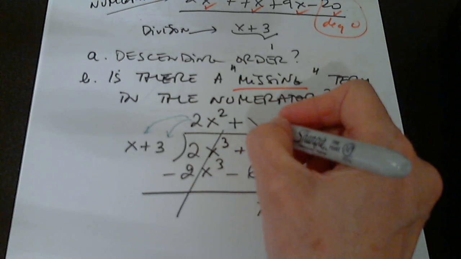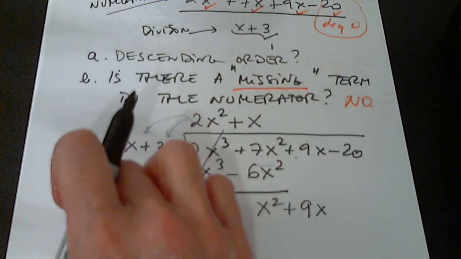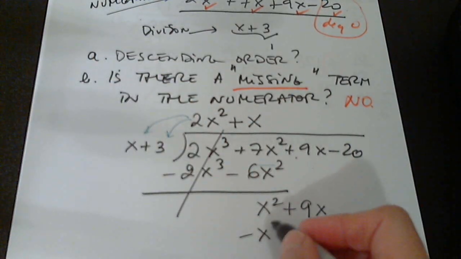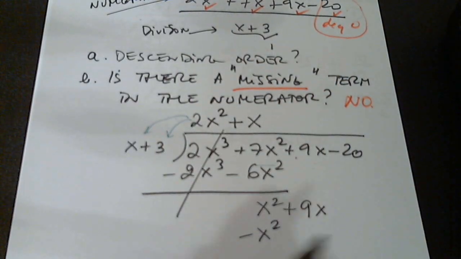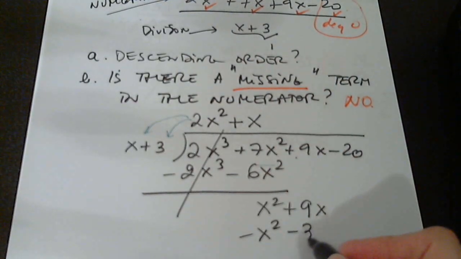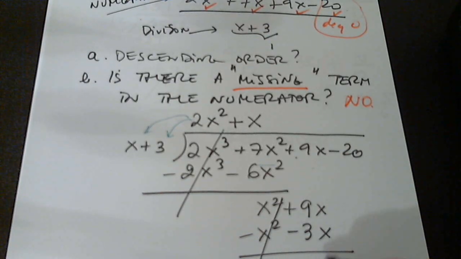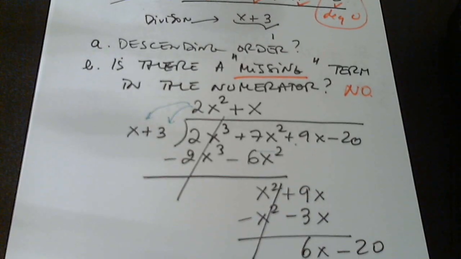I tell the truth. x times x is x squared. But when I distribute x times x, I have to change the sign to the opposite sign. x times 3 is 3x. I have to write the opposite. Gone. 9x minus 3x is 6x. I bring down the next in line.